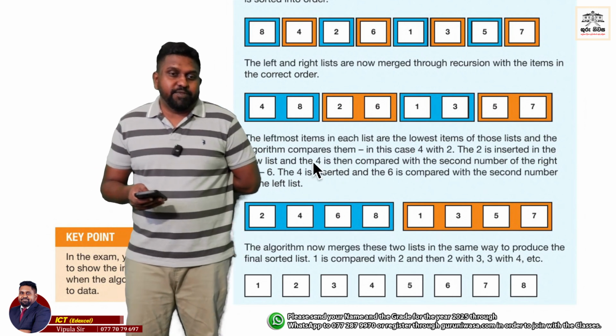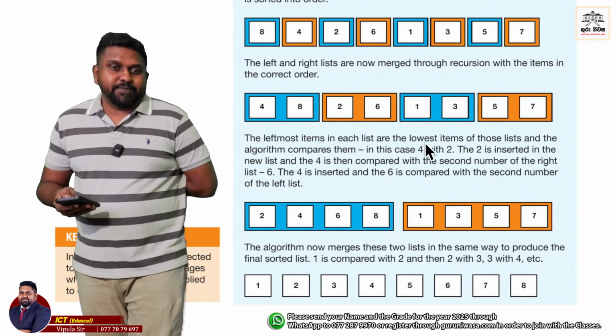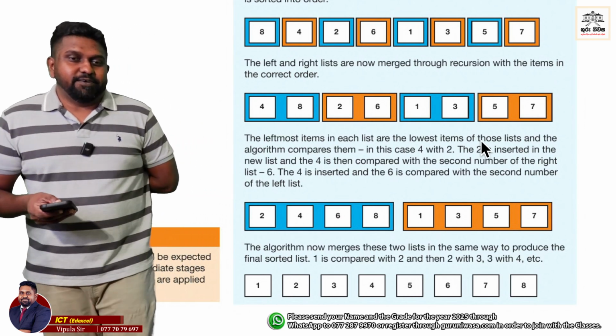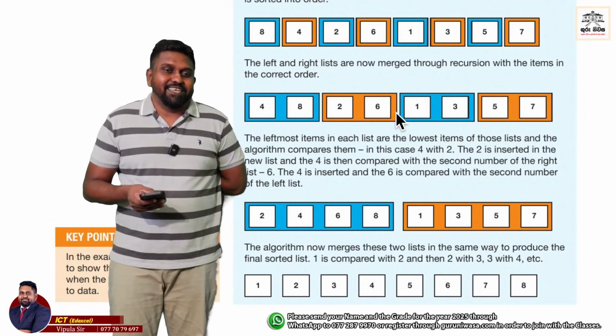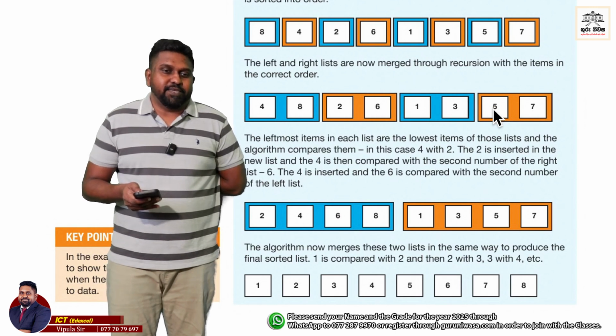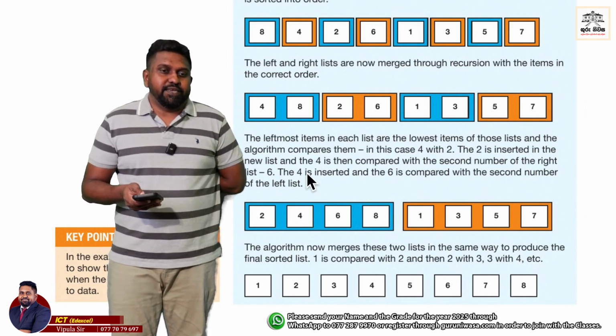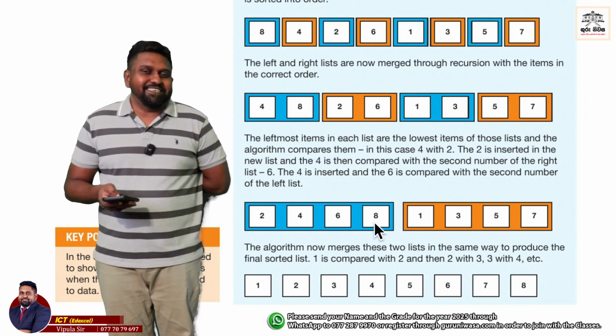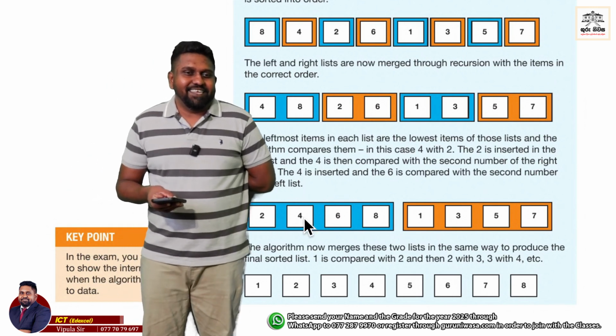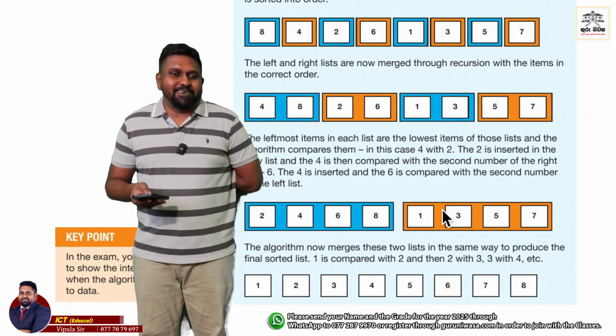So the leftmost item in each list is the lowest item in those lists, right? Since this was swapped back and forth, it has created a specific order, and if you notice, everything is in ascending order now.